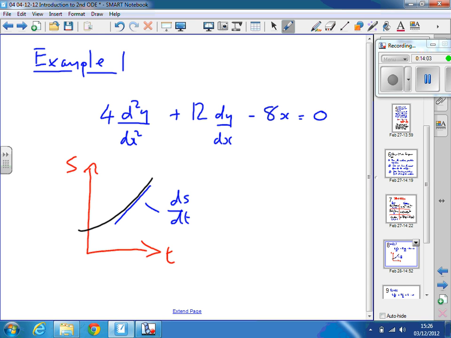And that gradient in a displacement against time curve, the rate of change of displacement with time, is the velocity. Stuff we did ages ago when we first introduced the idea of calculus.